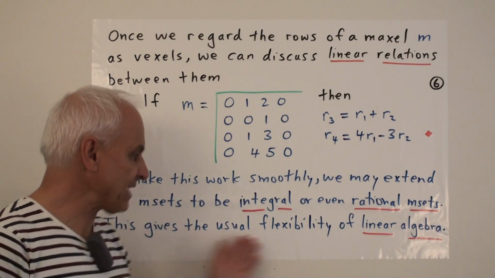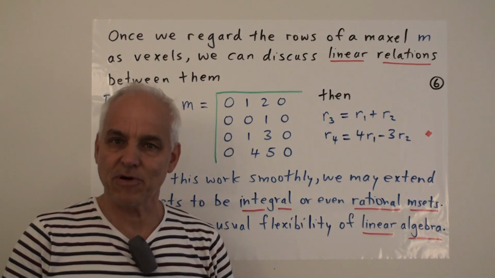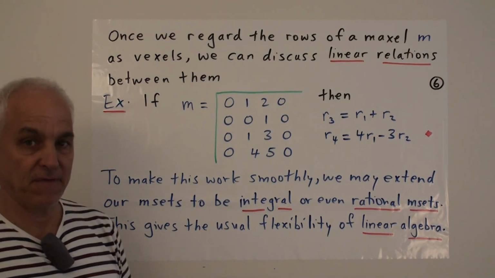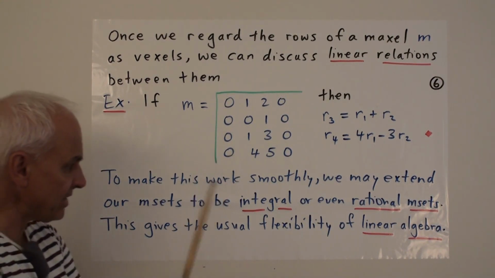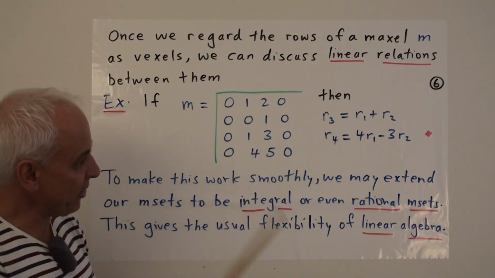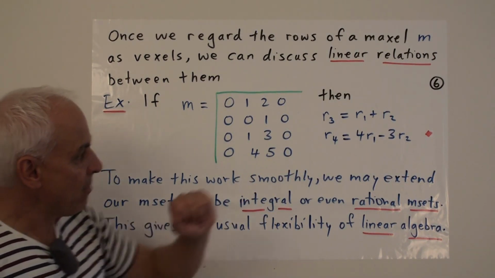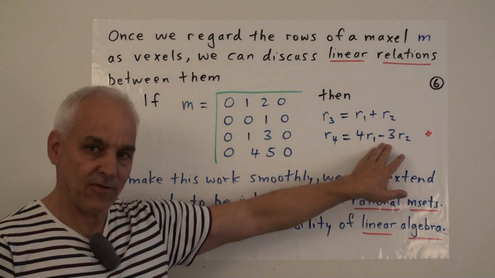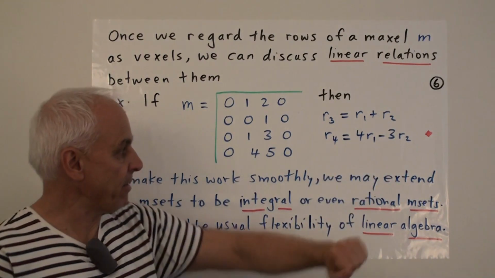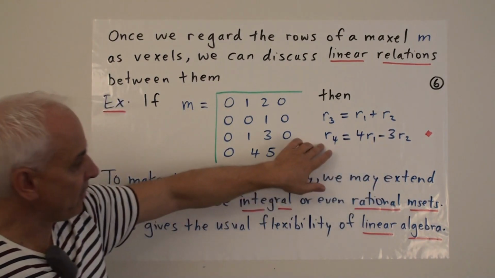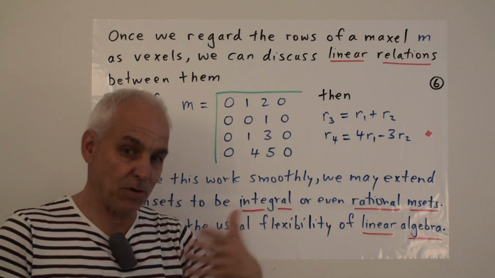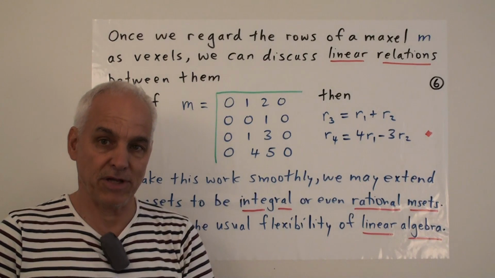And this gives us the flexibility of the usual linear algebra approach, where we are allowed to take rather general linear combinations of things. Now, it's not entirely necessary to do this, so we could rephrase these linear relations if we really had to by removing the negative signs and removing all fractions. We could multiply through by common denominators, and we could bring the negatives over to this side here, for example, and restate these relations purely in terms of positive natural number linear combinations.